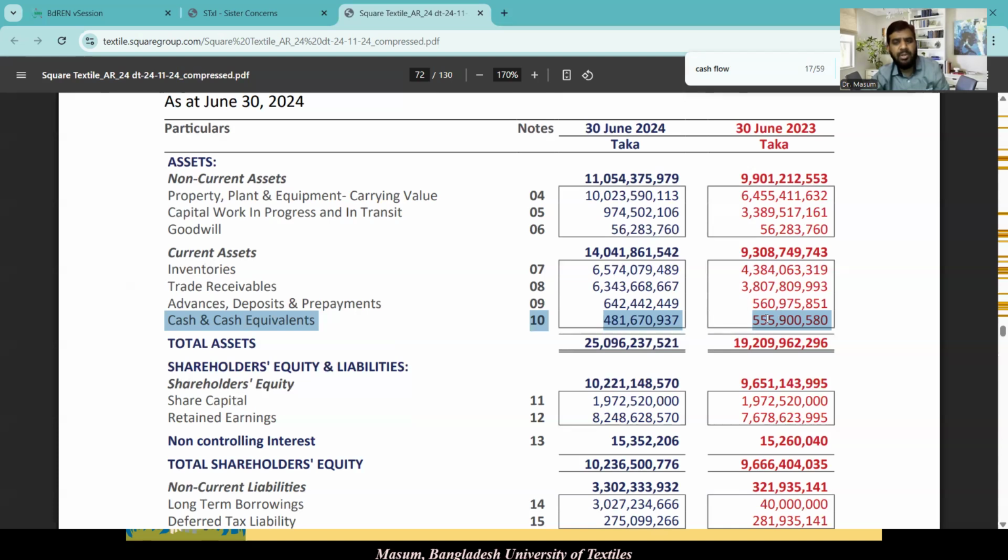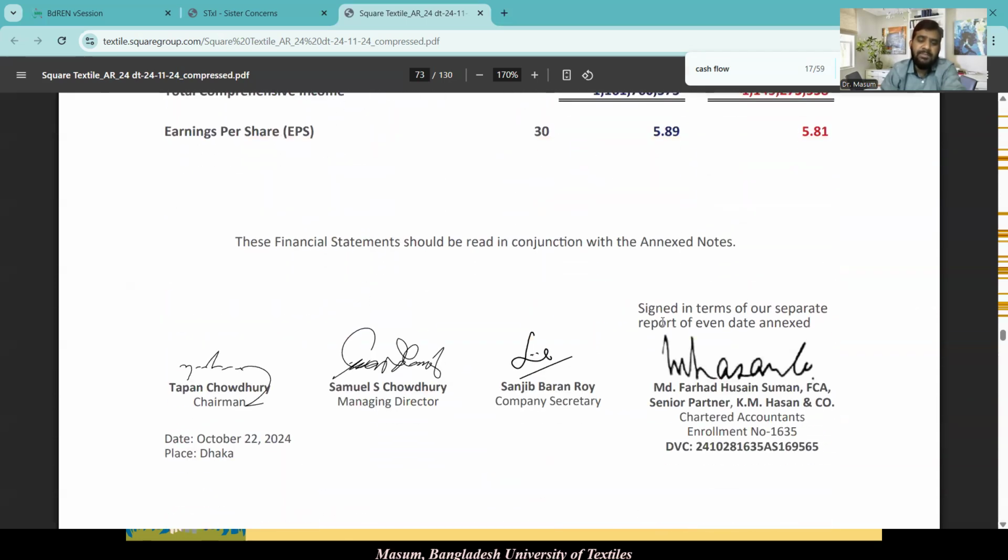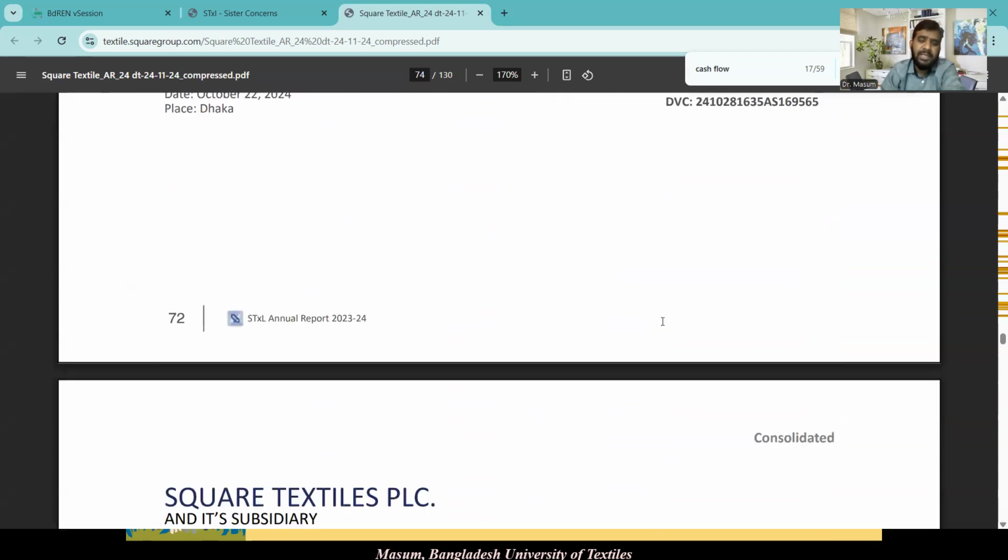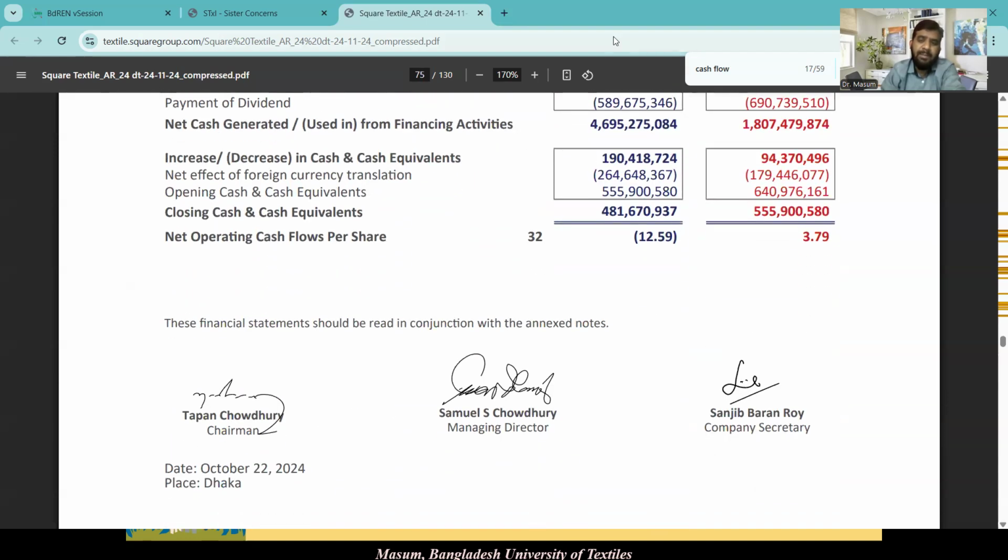So this will be equal to cash flow statement. That means cash and cash equivalents are explained in the cash flow statement. 481,670,931. This amount and cash flow statement's balance is same.